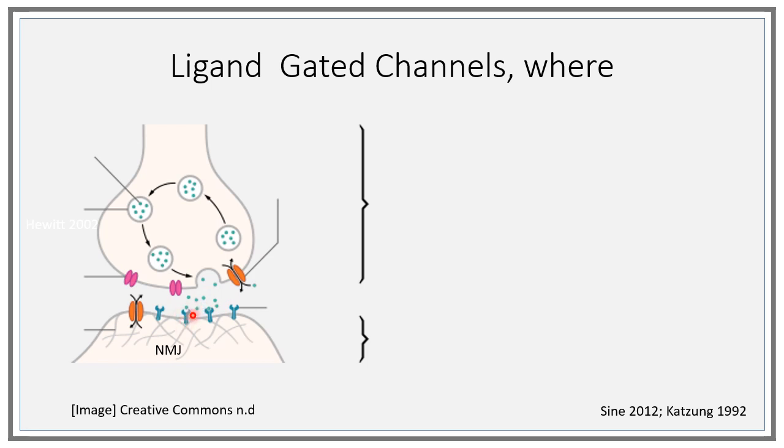That acetylcholine is going to bind to, for example, a nicotinic receptor, and that channel is going to open. Ions are going to flow into the cell on this side, raising membrane potential.